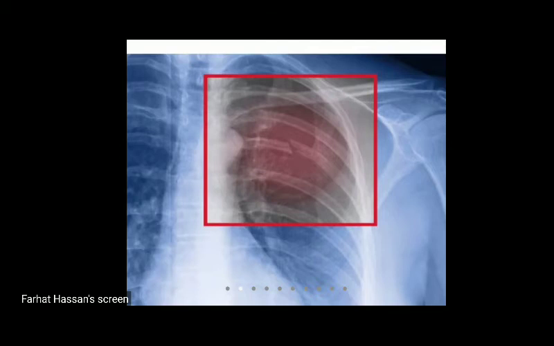This is the safe triangle, where we put the intercostal tube drain to avoid injury to important neurovascular structures.